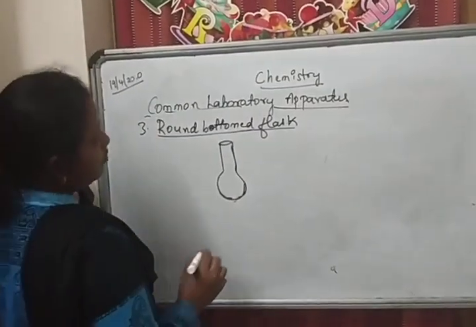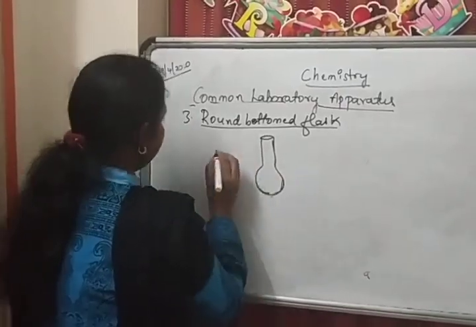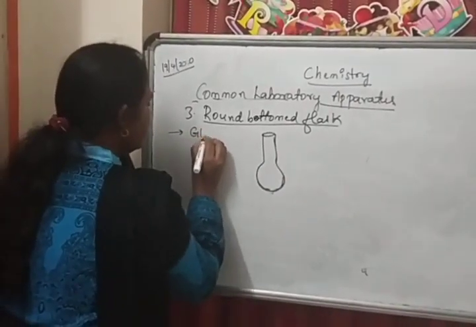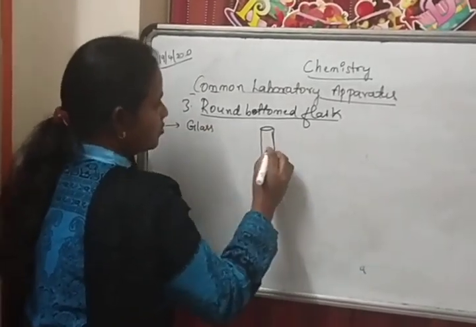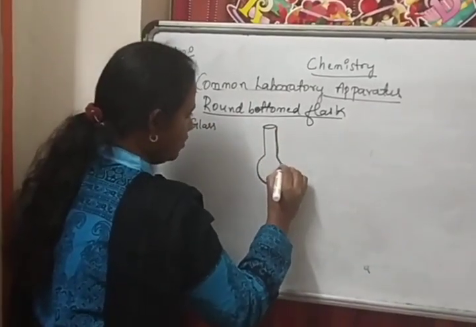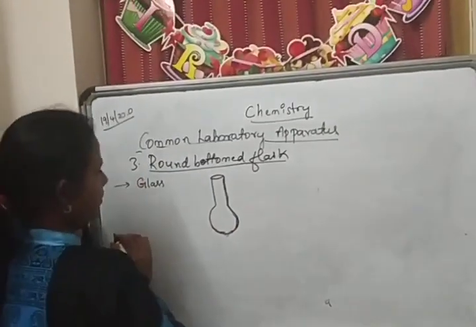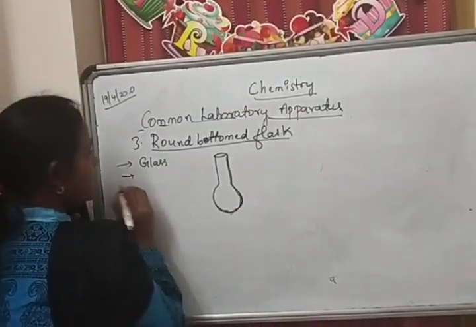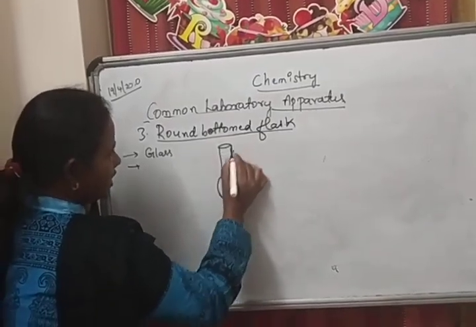This is the round bottom flask. It is made up of glass material. It has a cylindrical neck.